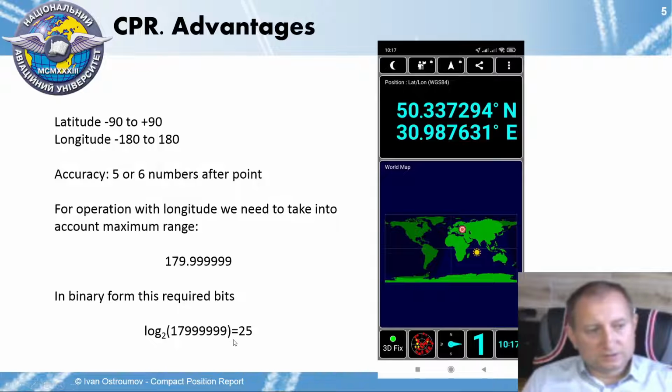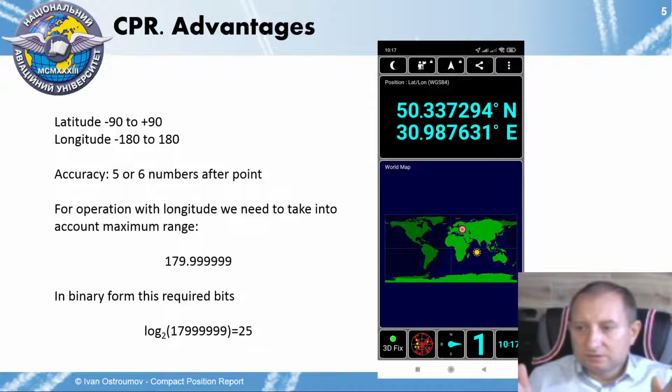That's why in this case we require at least 25 bits of place to put longitude in a communication channel or in the storing equipment. And this is not a good idea because this is a huge amount of data. And CPR helps us to make this space of bits less.